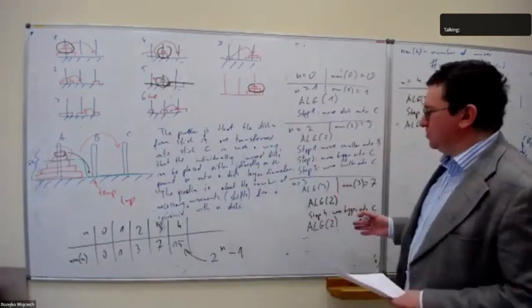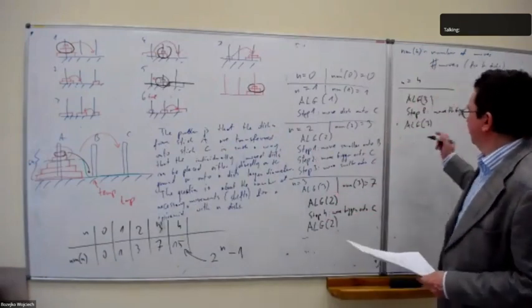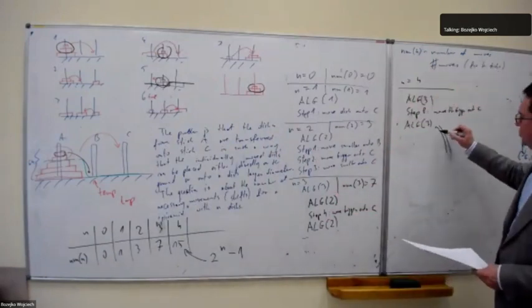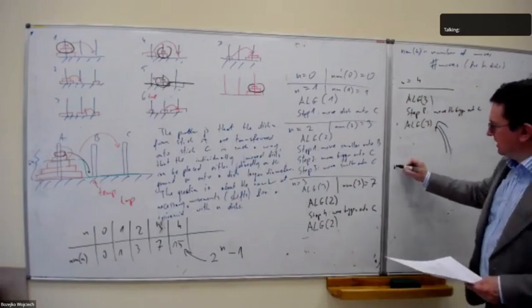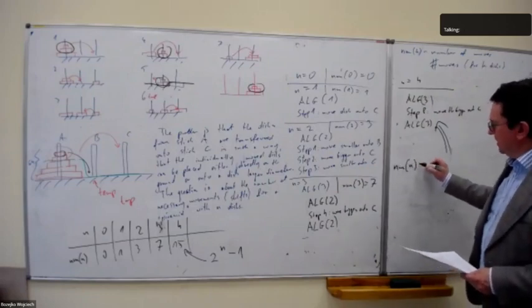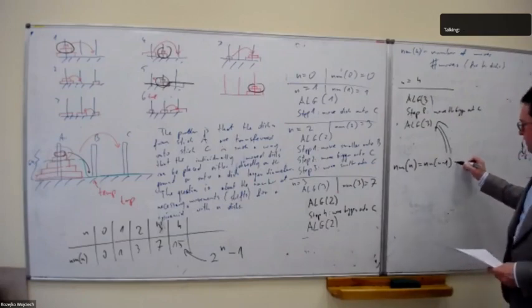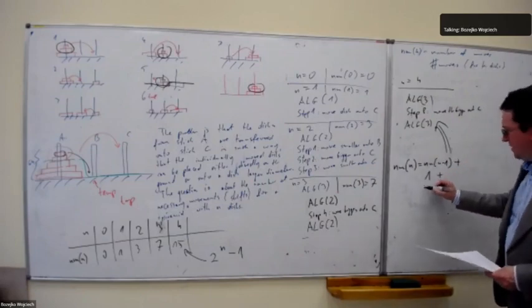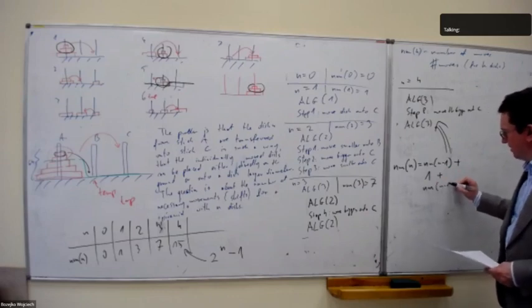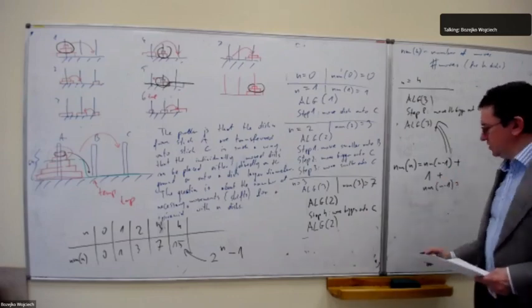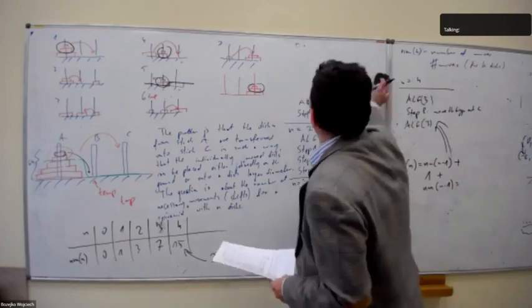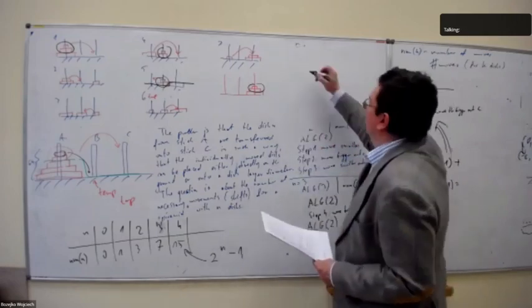But if we would like to write it from this observation, we write it this way: the number of moves for n is the number of moves for n minus 1, plus 1, plus the number of moves for n minus 1. So we can write it as a recurrence equation.